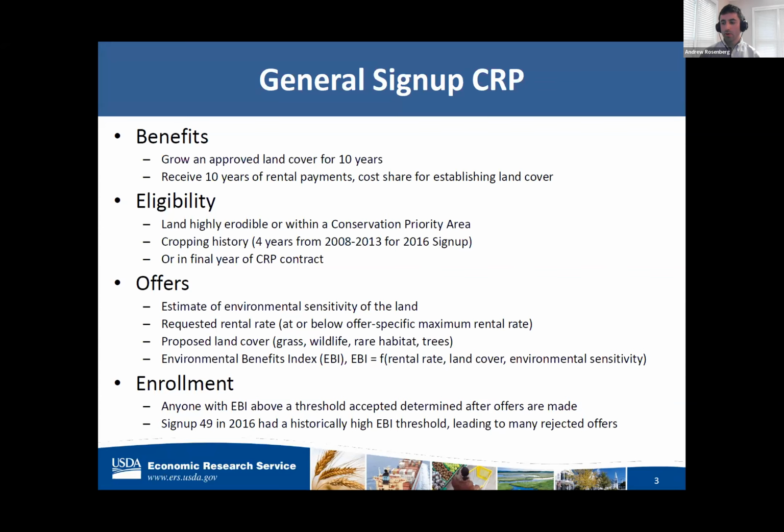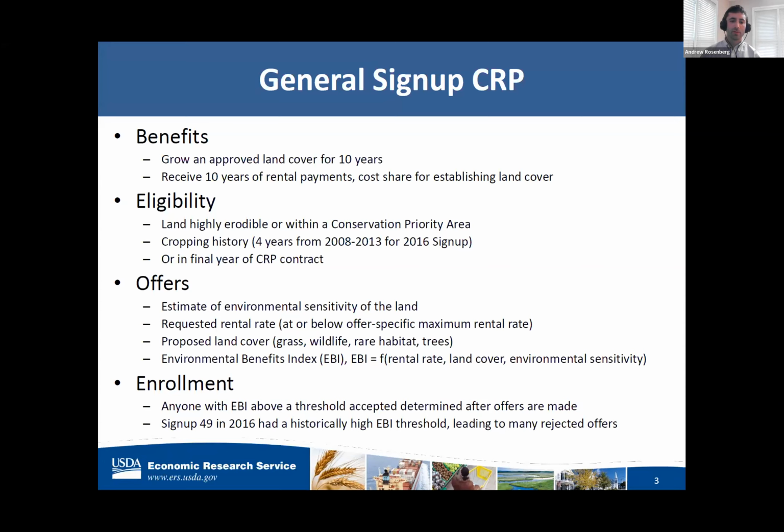So an offer is composed of a few components. First is what we can think of as the exogenous component of the offer, which is basically an estimate of how environmentally sensitive the parcels that are offered are. And then there are 2 parts that are actually offered from the landowner.